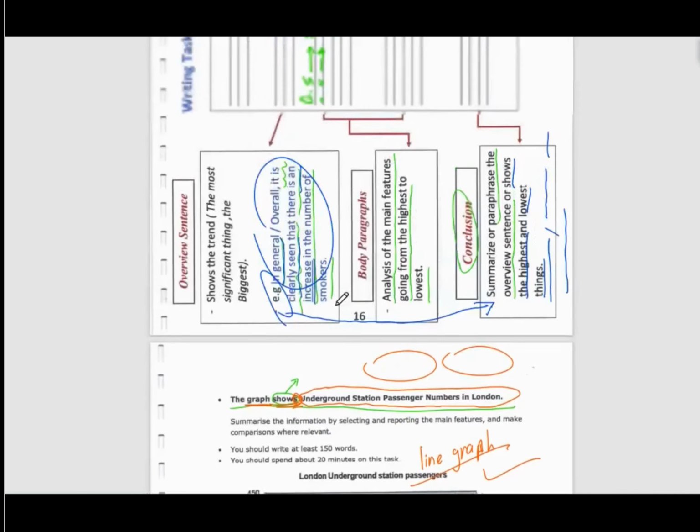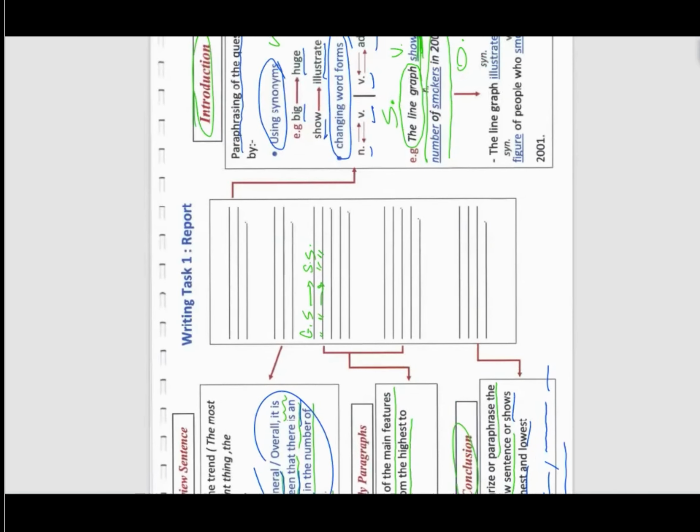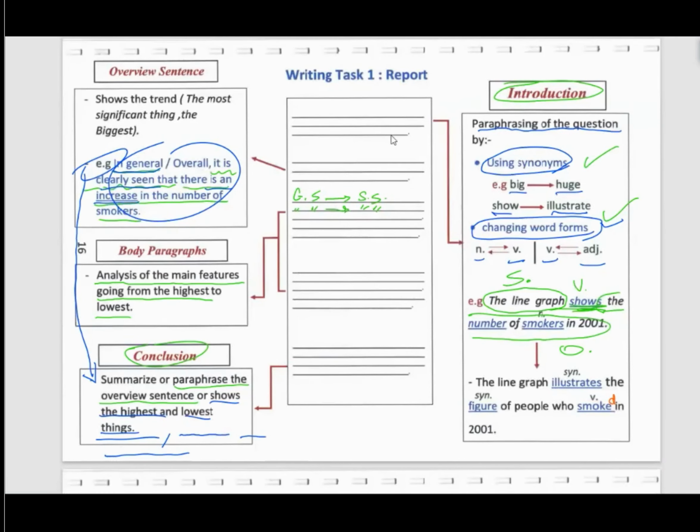Very good question, Mariam. She is asking, do we have to use this structure for writing all reports or types of reports? Of course, yes. All task 1 questions and reports should follow this structure. You need introduction, overview sentence, body paragraphs, and conclusion. Okay? Yeah, in all.